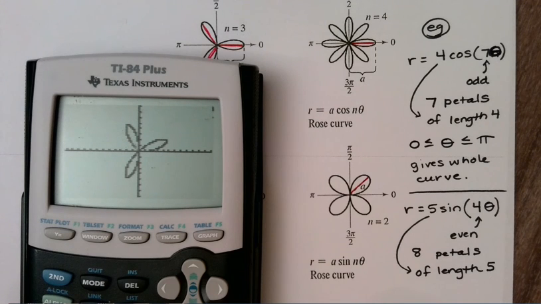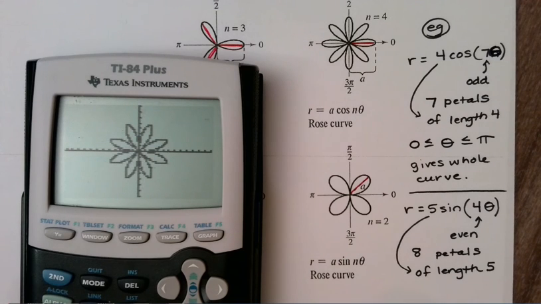And again, I've got my theta step size set to 0.01, so it's graphing pretty slowly, but it's giving me pretty nice rounded petals. And you'll notice now we are getting more petals this time. There we go. There's all 8 of them. So we did indeed get 8 petals.